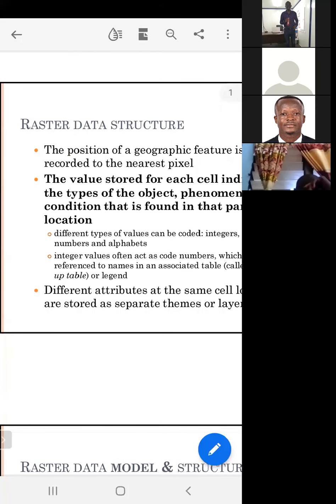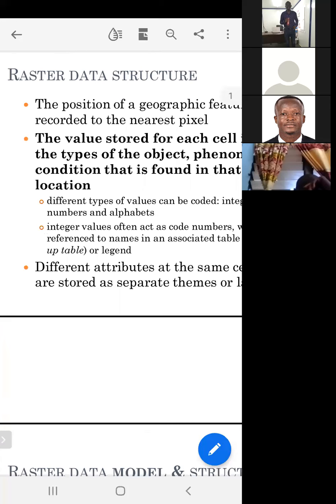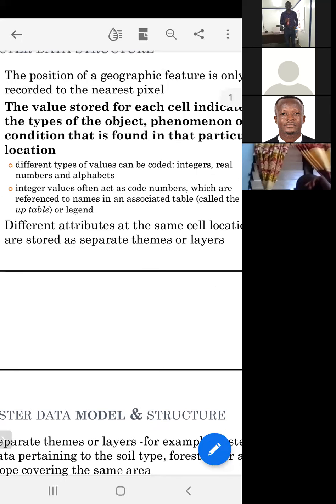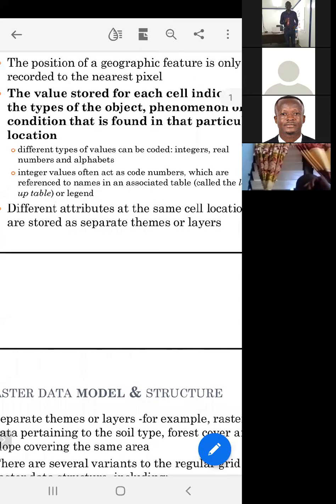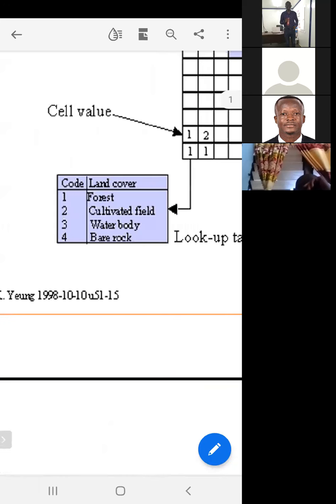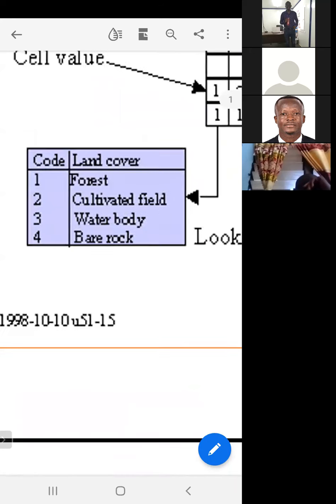So this is a concept. The data structures is a whole topic in information technology. You need to appreciate the one that we are dealing with right now. Okay. So we talked about the lookup table. That's the lookup table over here, this small table we see here. All right.